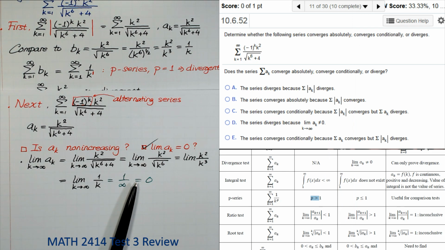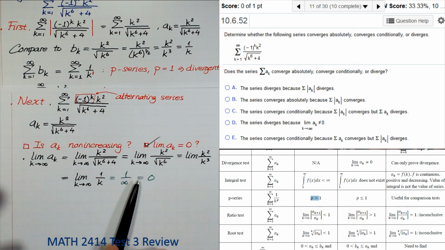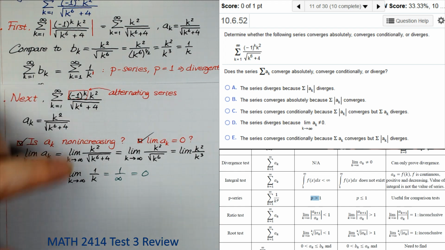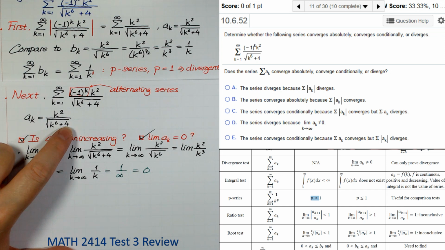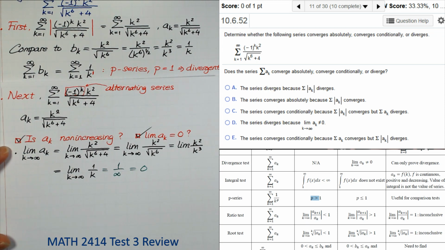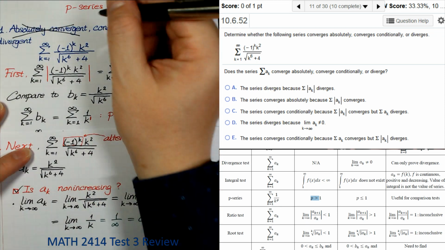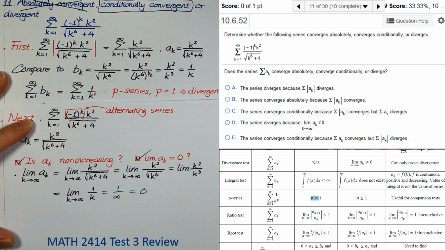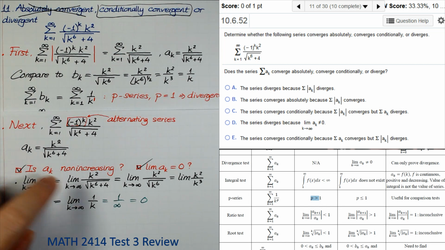So it can be shown that this checks the box too. It's a little more complicated when there's a square root, and we could take the derivative of this, which I really don't want to do. So if that is the case, then this is conditionally convergent, because both of them check.